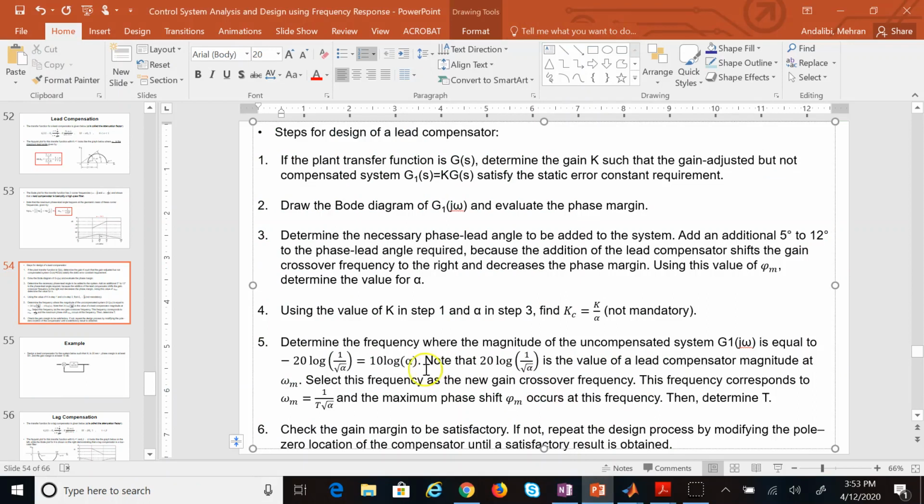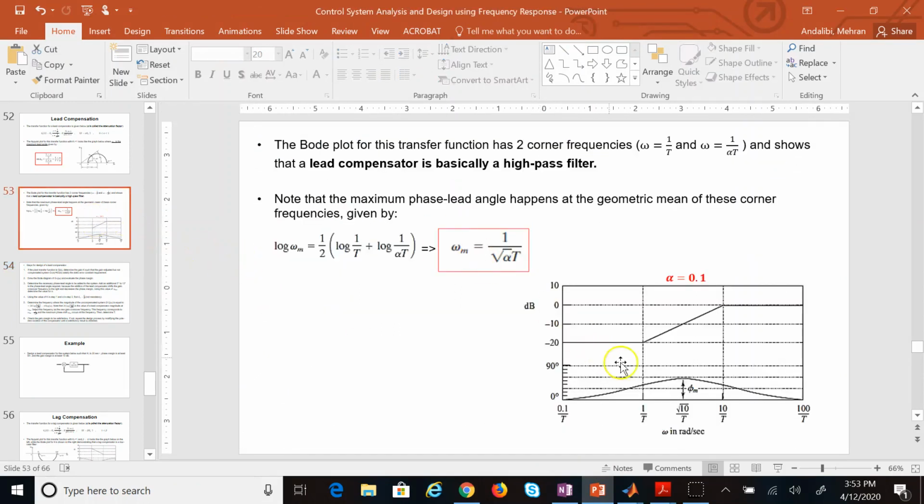whatever at this point the magnitude of the compensator is, that value, which as you can see is a negative value, if I add that to the positive value of the original G. Let's say, for example, in this case it is negative 10 decibel, right?